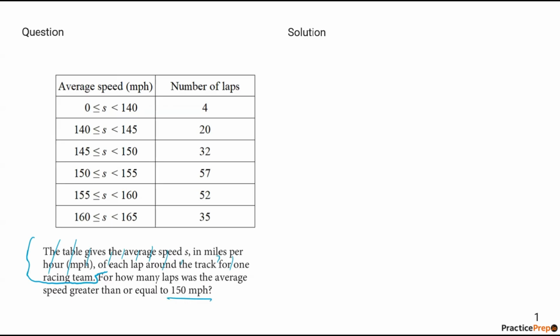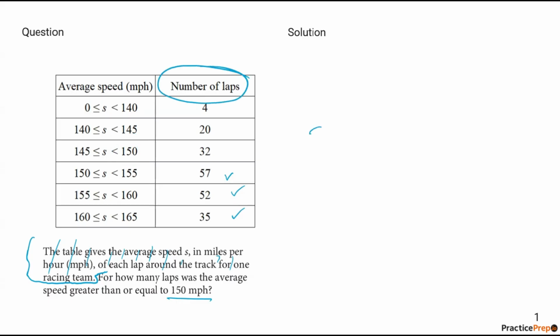Well, it was greater than or equal to 150 here, here, here, and nowhere else, because here it's less than 150. And the number of laps is represented in this column.